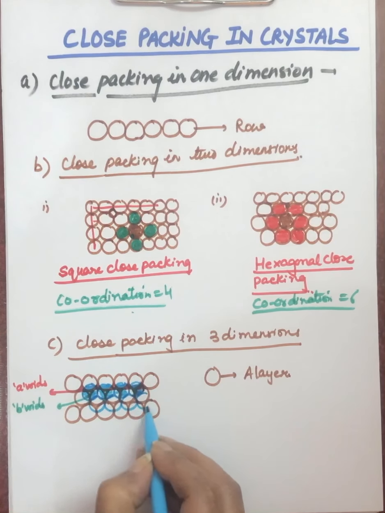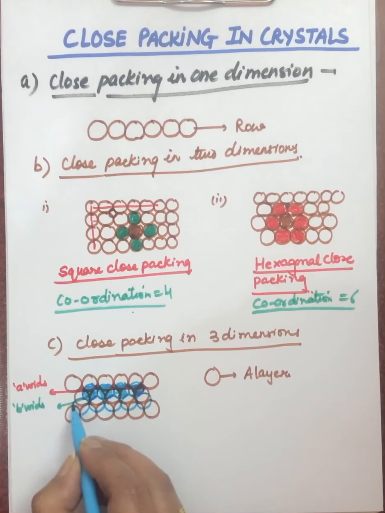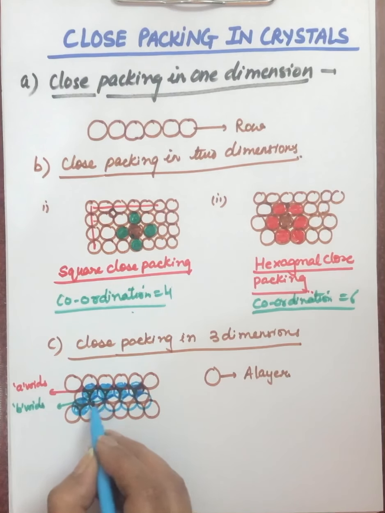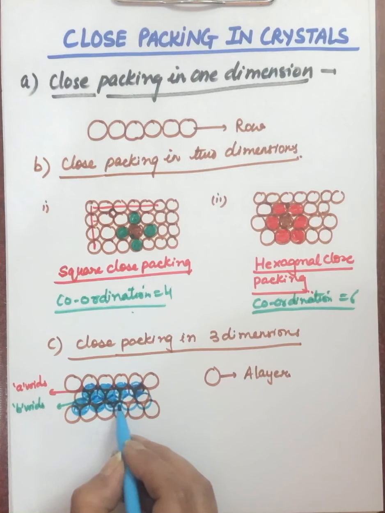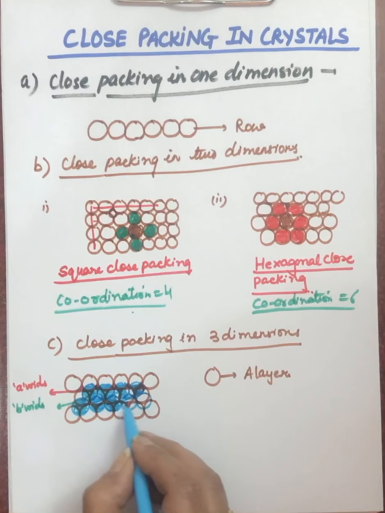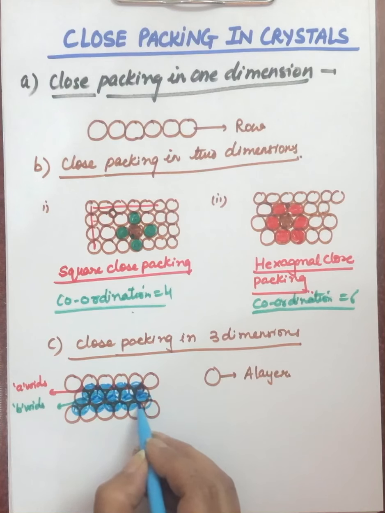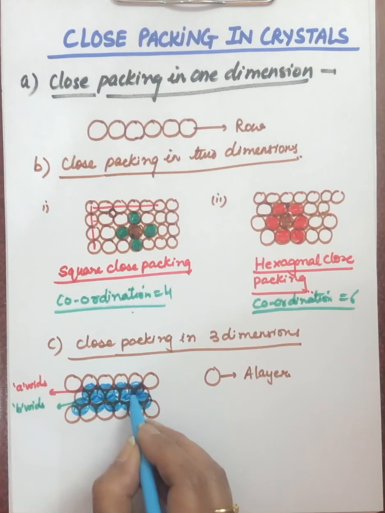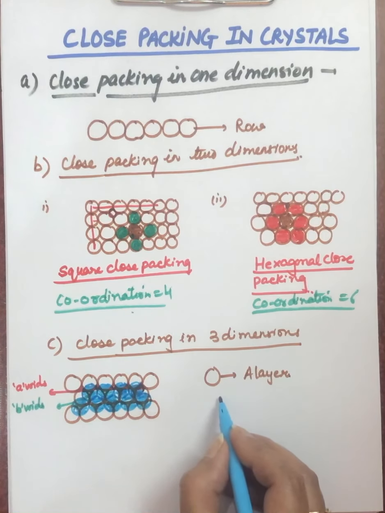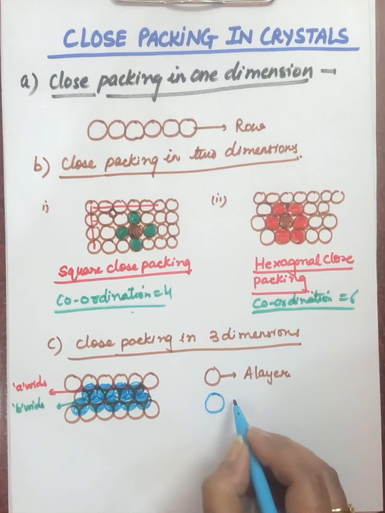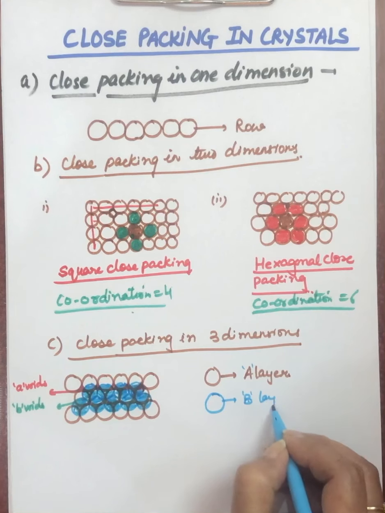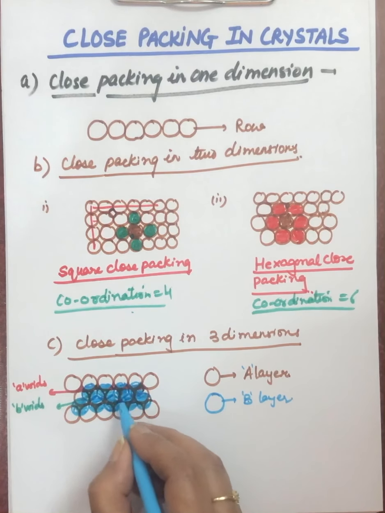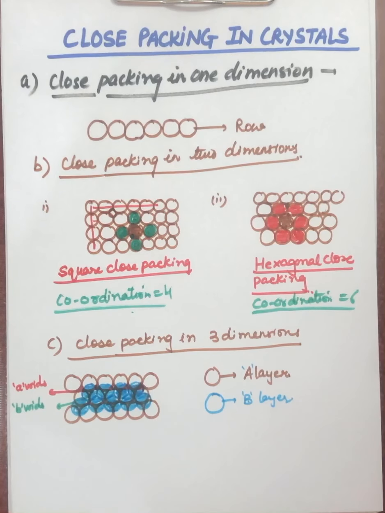So what we will get here is a second layer by placing the particles above B voids, which were under the spheres. So this is the second layer formed, called B layer. A layer and B layer we have got.